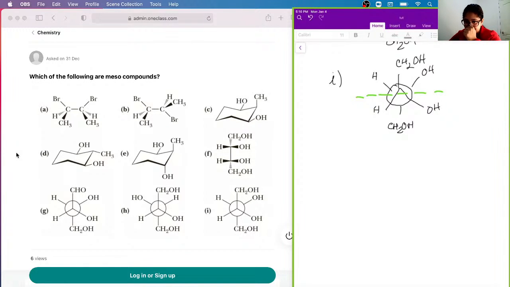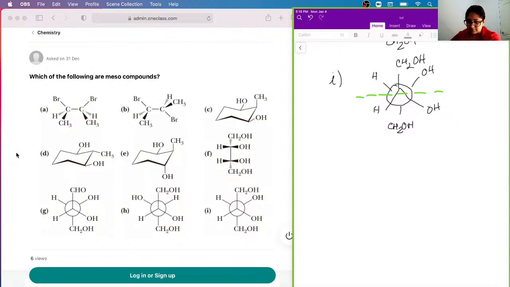The rest from here would be all non-meso compounds, for example, B, E, H and G. They would all be non-meso compounds since they don't have a plane of symmetry, and if you rotated 180 degrees, it won't be the same thing.